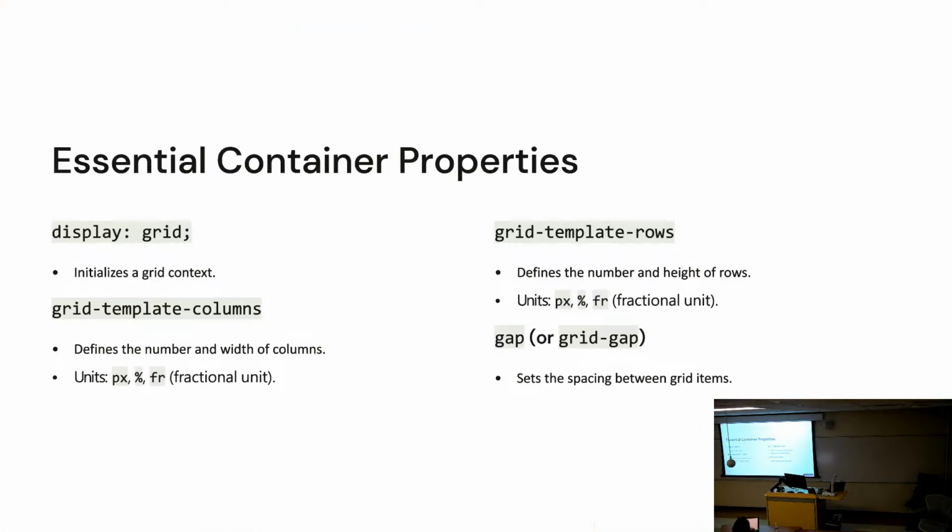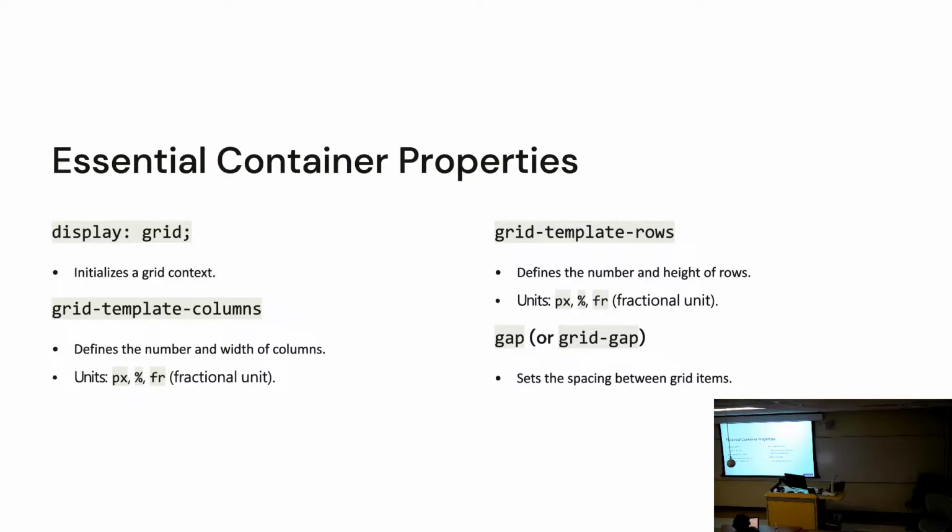So essential properties, again: display grid initializes that grid on the parent, saying every child below is going to have grid. Grid template columns are the columns. Let's say we want 1 FR, 2 FR, 1 FR, that will say these are going to be columns where the middle is twice as big as the ones to the left and right.